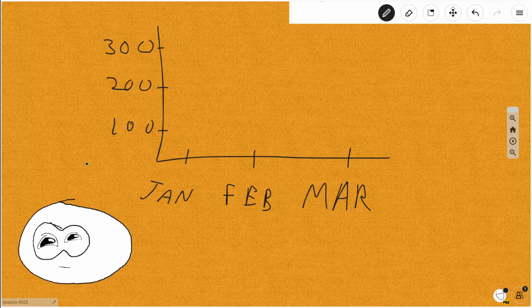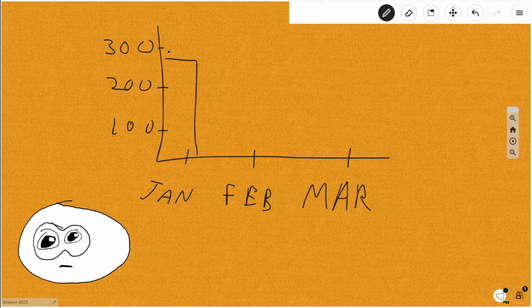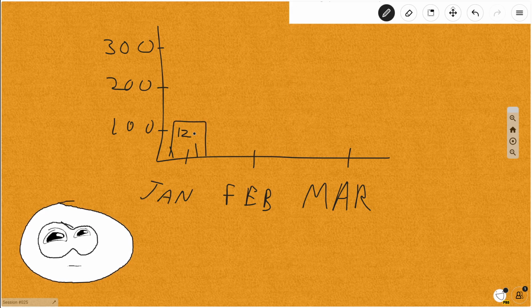Sure, why not? And you want to keep track of that, right? They say, okay, in January we had like 270 people show up and they brought a bunch of clothes, or 270 articles of clothing. In February, no wait, hold on, it'd be the opposite way. In January you only have like 120. February you might have 150.